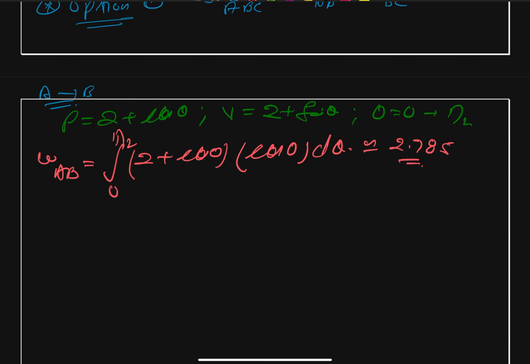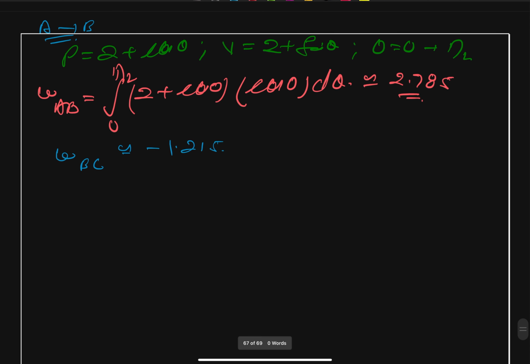And we already know that our work done for BC is approximately minus 1.215. Therefore, net work done ABC is equal to 2.785 minus 1.215, which is approximately equal to 1.57, which is not equal to 0.